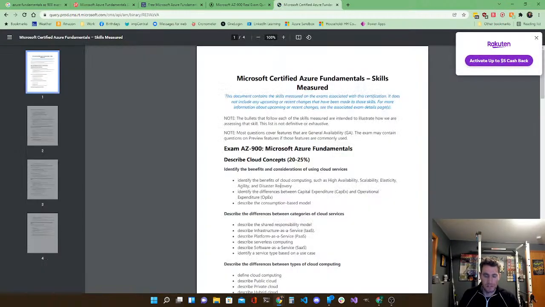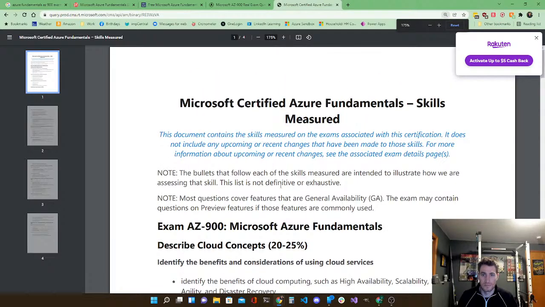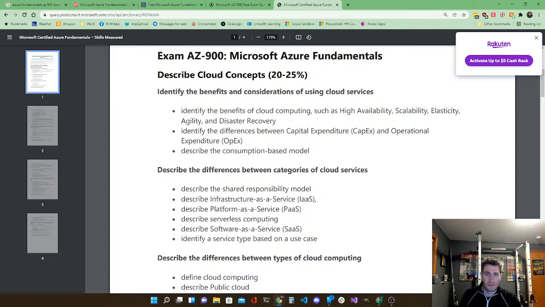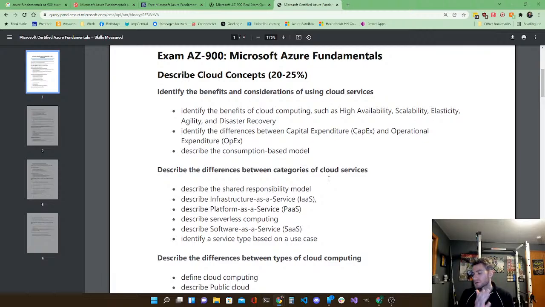Certification skills outline. So this is what we went through in the practice or study sessions, part 1 through 3.